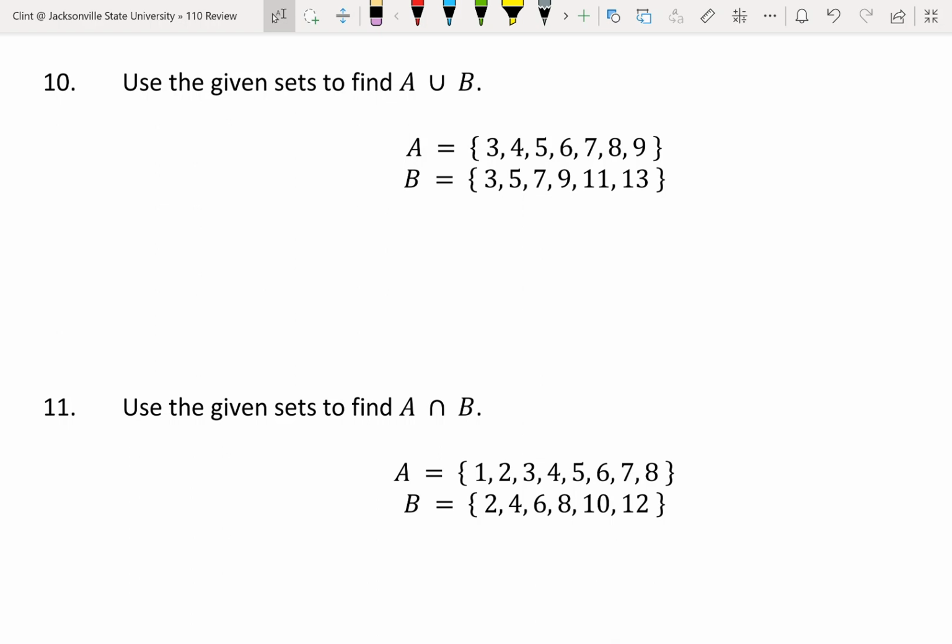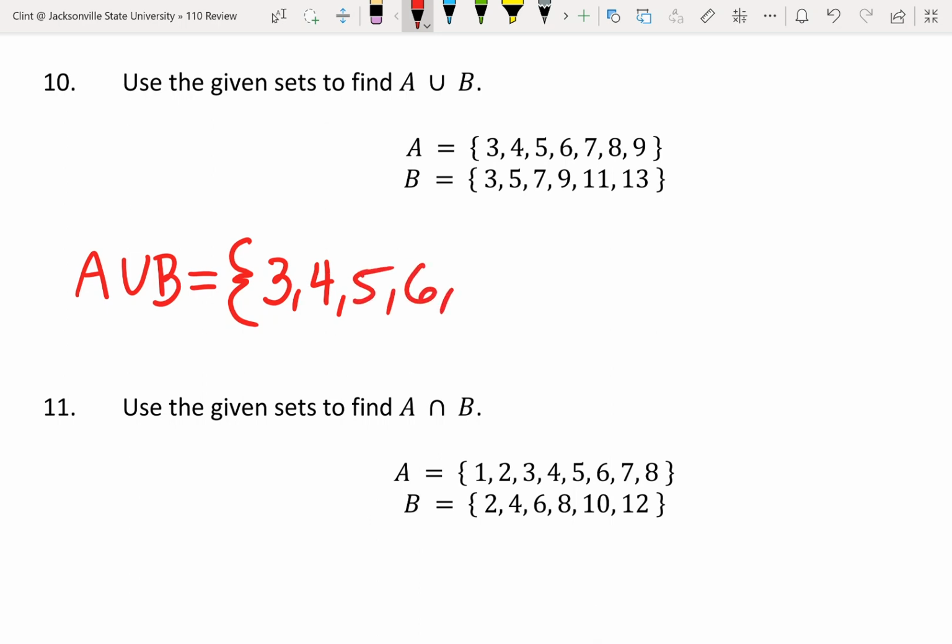So if we're taking the union, any element that's in either set is going to be in the union. We don't have to do them twice if they're in there twice. Just anything that's in either set. So 3, 4, 5, 6, 7, 8, 9, 11, 13. So really just combining the two sets together.